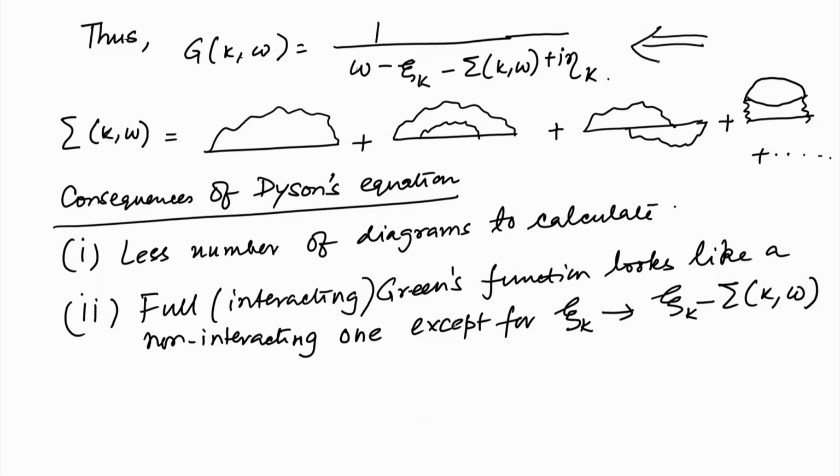This is exactly the form of the G0, except the energies are replaced by this xi k minus sigma k omega.